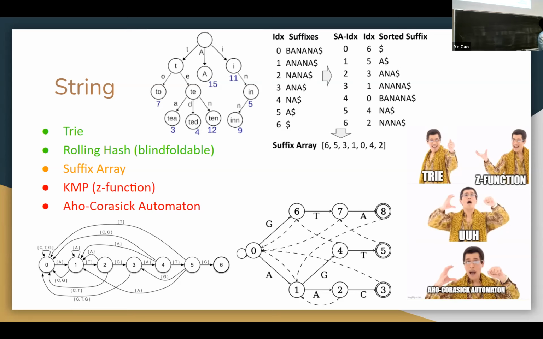If N is 10 to the 5 and M is 10 to the 3, you'll probably get TLE. But KMP allows you to do that in O(N plus M). It's some sort of magic. You just read about it, and it's pretty challenging to understand, but it's definitely worth it.